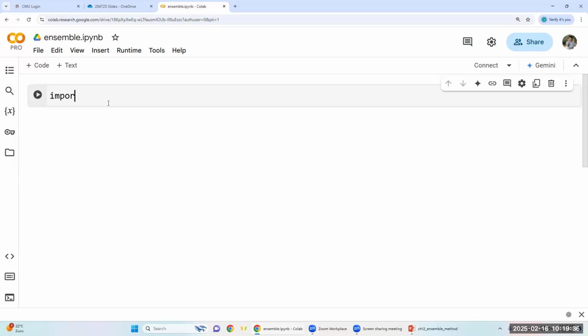We can use the sklearn library to create a data set. It has to be from sklearn.datasets import. There should be a function called make_classification.